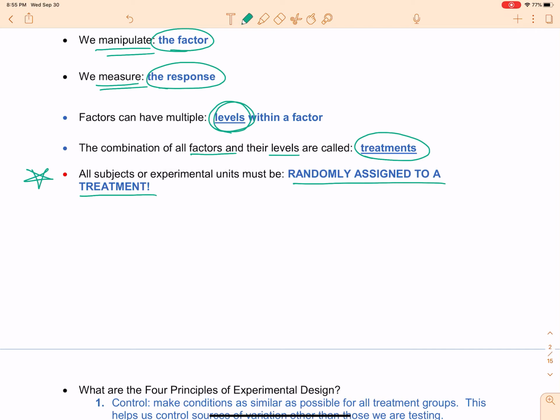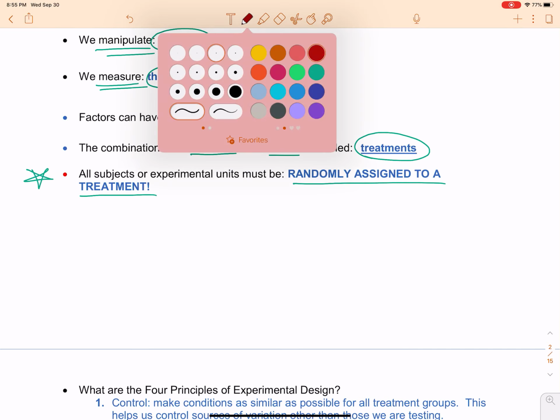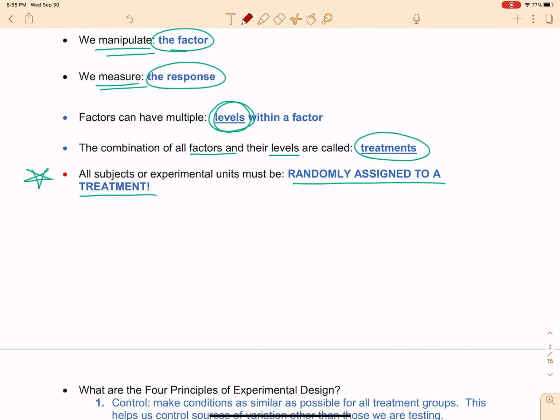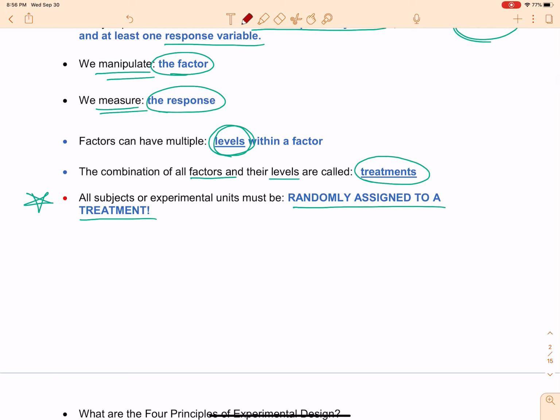So let's talk about what this looks like in a practical way, this idea of factors and levels and response. Let's say I work at a weight loss facility, and I want to measure the effect of sleep and exercise on people's weights. The response variable is going to be weight, because I'm going to call for volunteers and weigh them at the beginning of the experiment, and then look at the effects of sleep and exercise on their weight.